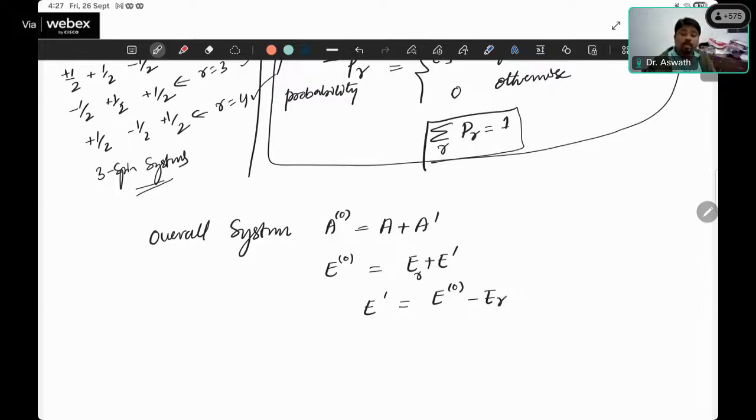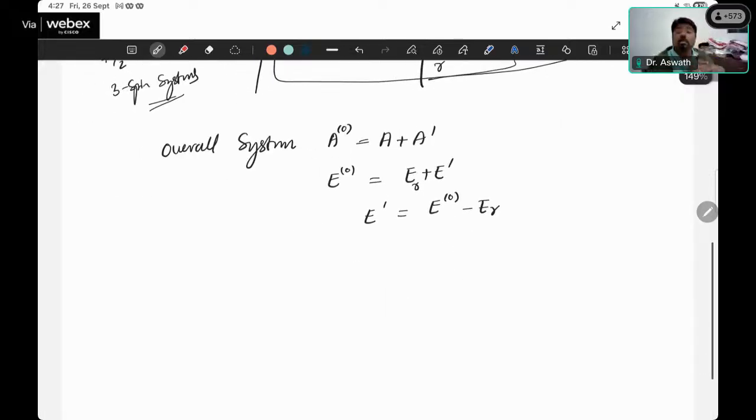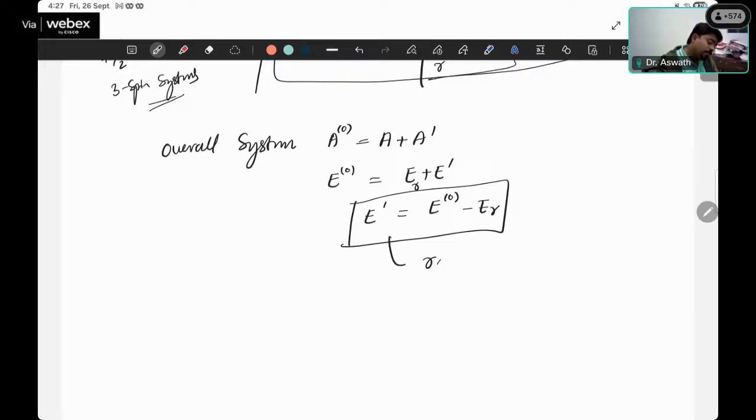Now you see, the reservoir is a very big quantity. The surrounding is so big, the entity is so small. So the reservoir energy is not going to change much with the system taking energy from the reservoir.